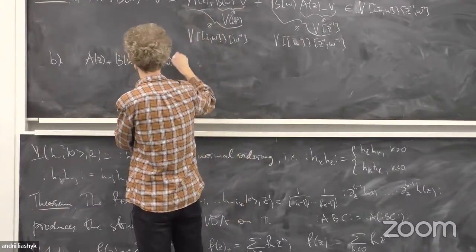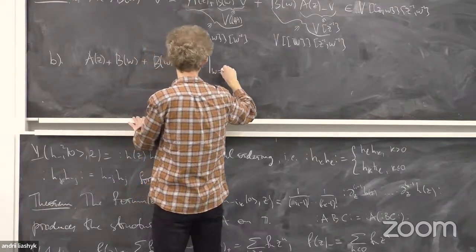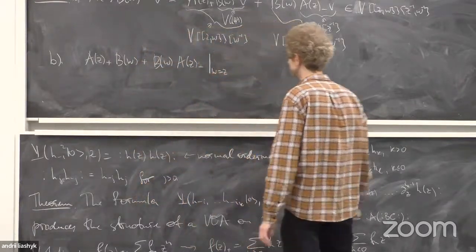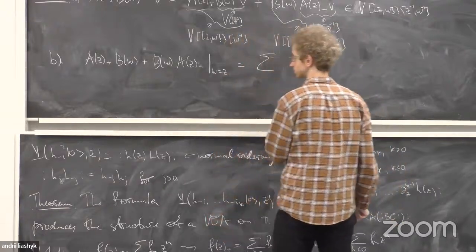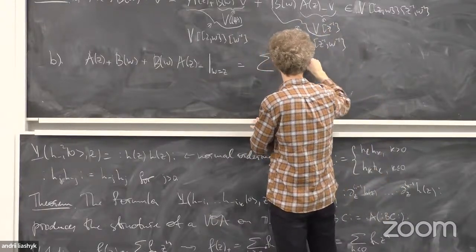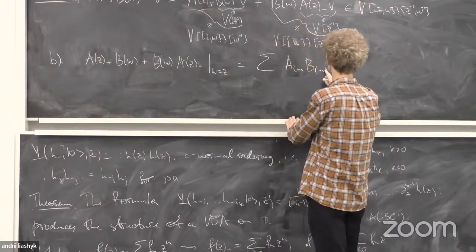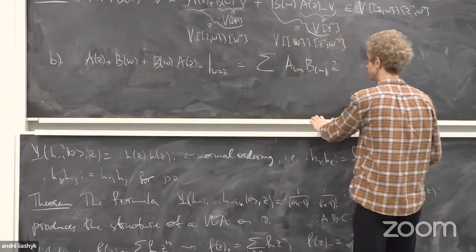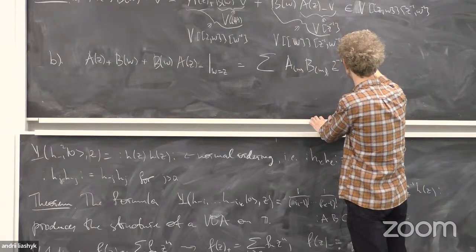Plus B of W, A of Z minus. And we put W equals Z. Then the result is the sum of A_n B_m Z to the minus n minus 1 minus m minus 1.